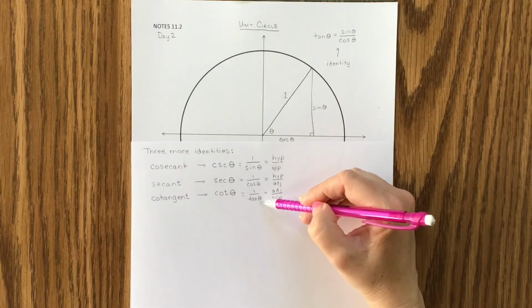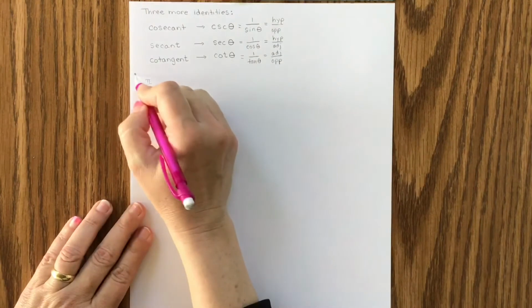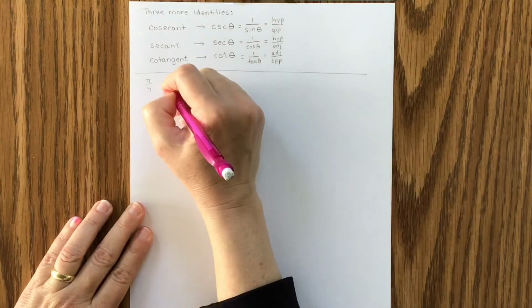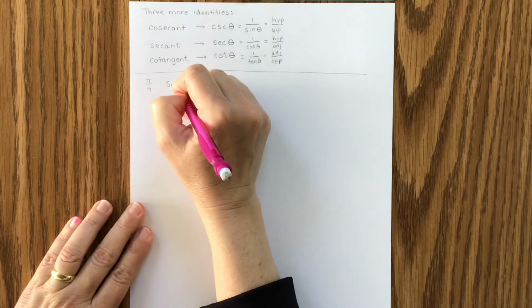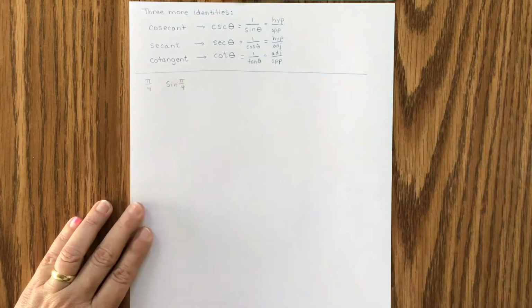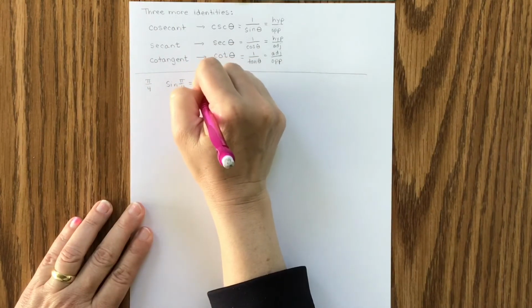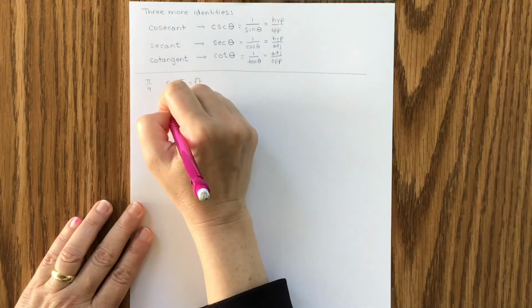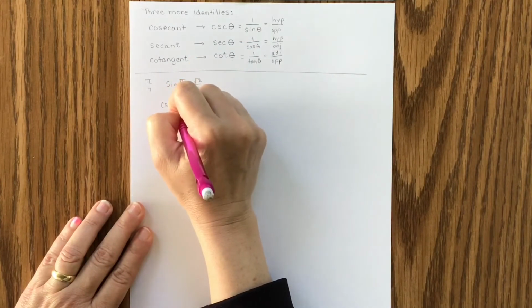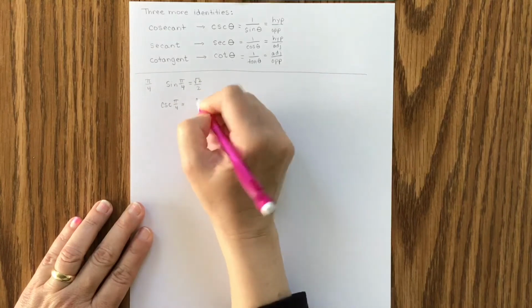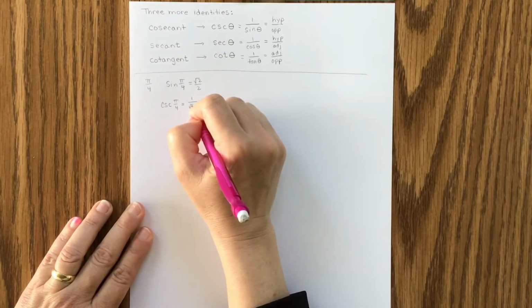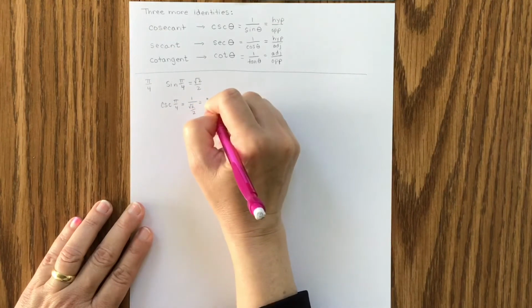identities to help you. Starting with angle pi over 4, do you remember the sine of pi over 4? The sine of pi over 4 is root 2 over 2. So cosecant of pi over 4 is going to be the reciprocal, 1 over root 2 over 2, which means you can flip it over.